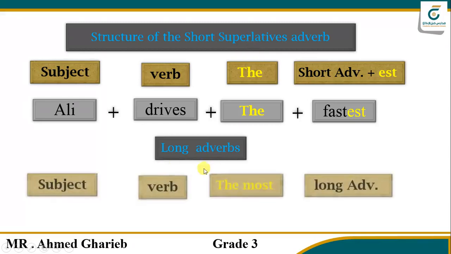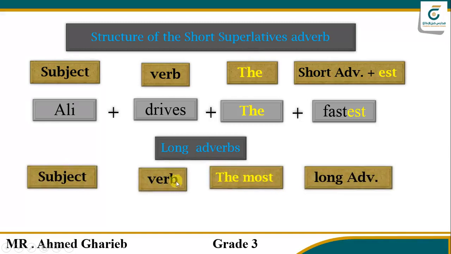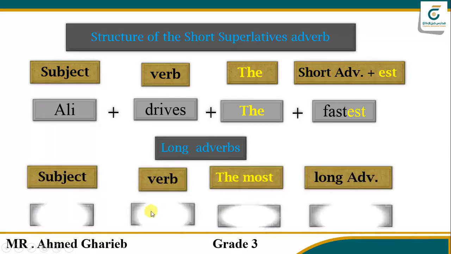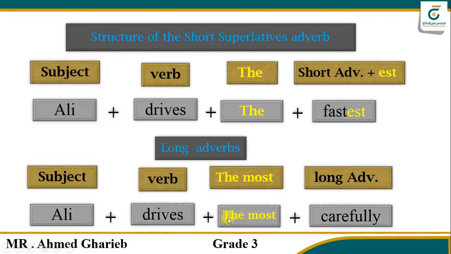Okay, subject, verb, the most long adverb. For example, Ali drives the most carefully. This is about the structure of both the superlative and the comparative adverb. Most sentences with the superlative adverbs follow these structures. You can find just some slight changes, so just get used to them.